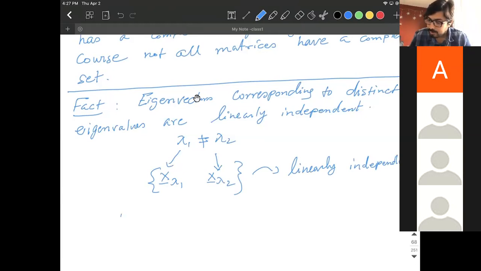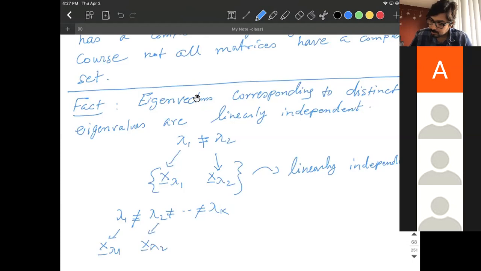And in general, if you have k eigenvalues such that they are distinct, and you form this set of corresponding eigenvectors, x lambda 1, x lambda 2, up to x lambda k, then this set is linearly independent.